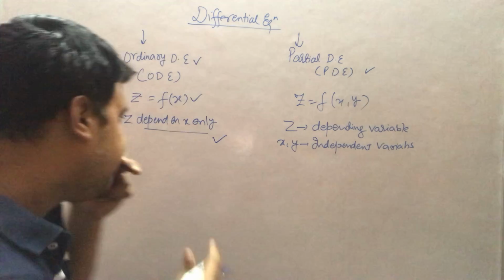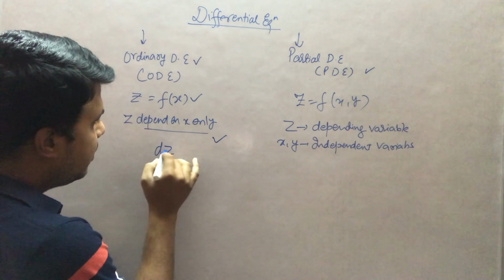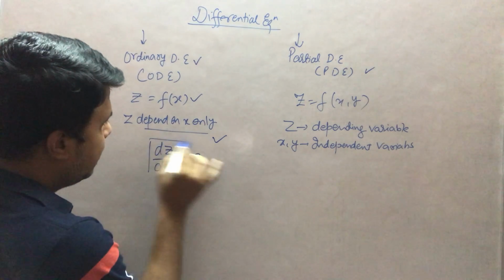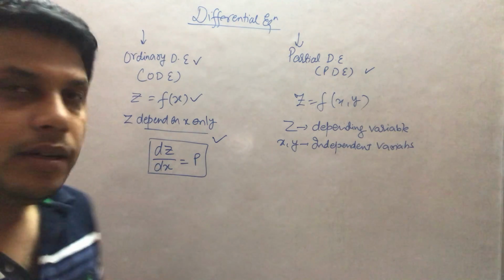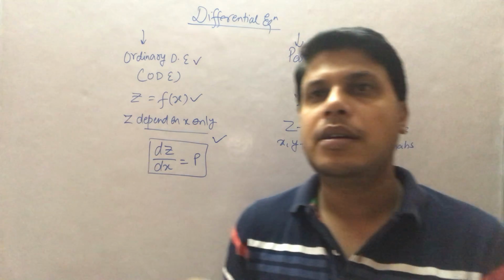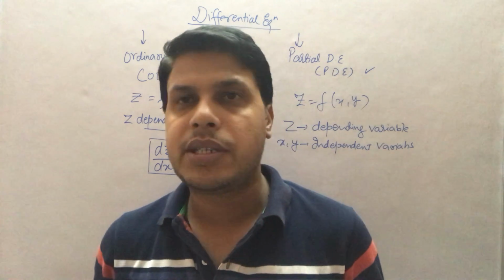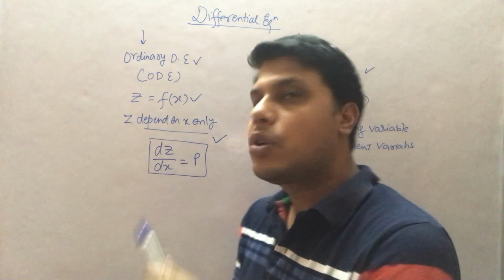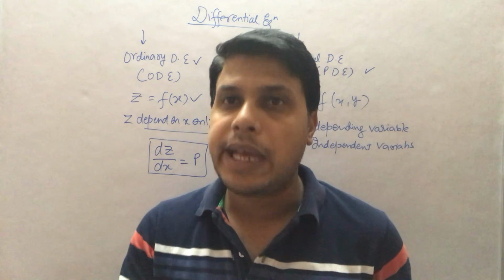For example, if I write dz upon dx equals p, this is a very simple ordinary differential equation in which we can clearly see that z is a function of x only, means z depends on x only.